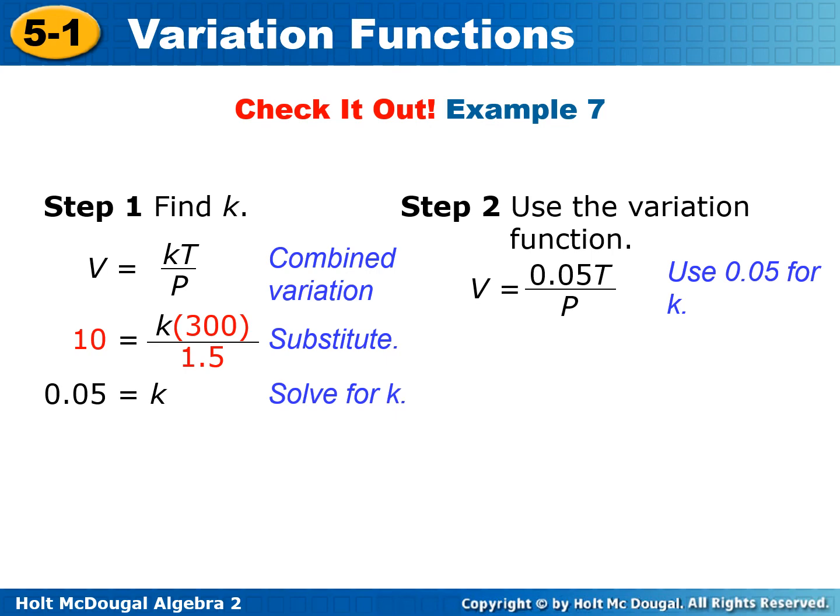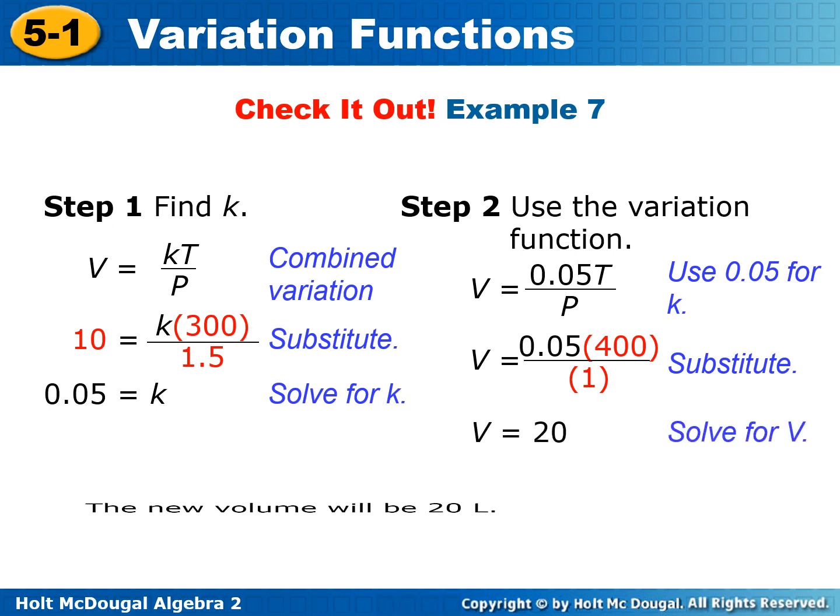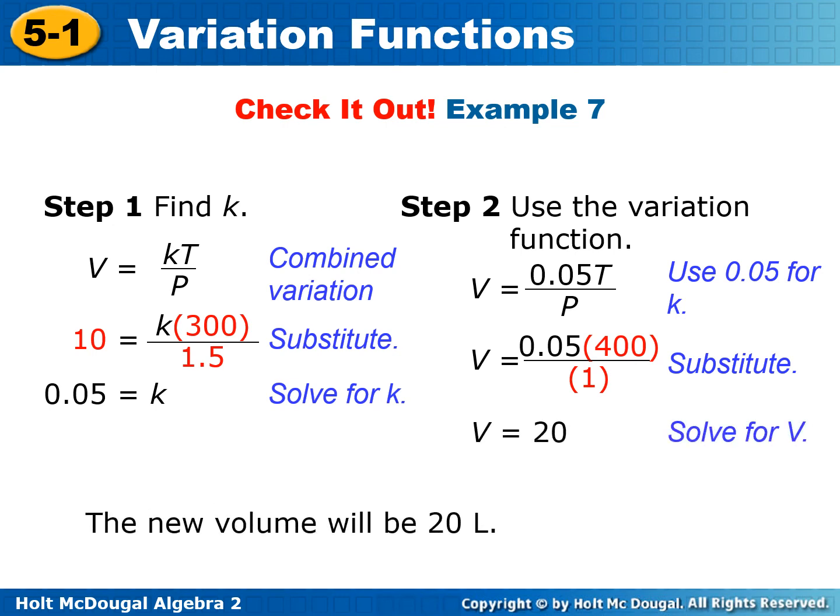So substituting the value of our k, V equals 0.05T over P. Then substitute the values for T and P. So we are going to have 0.05 times 400 over 1. So V equals 20. So the new volume will be 20 liters.